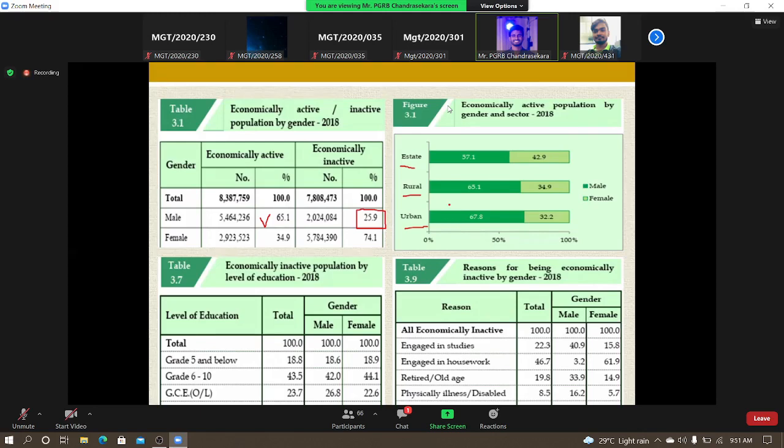In urban and rural also, a significant amount is male. And as per the level of education, of the economically inactive population, the persons who have grade 5 and below education are 18.8 from the total of 100.